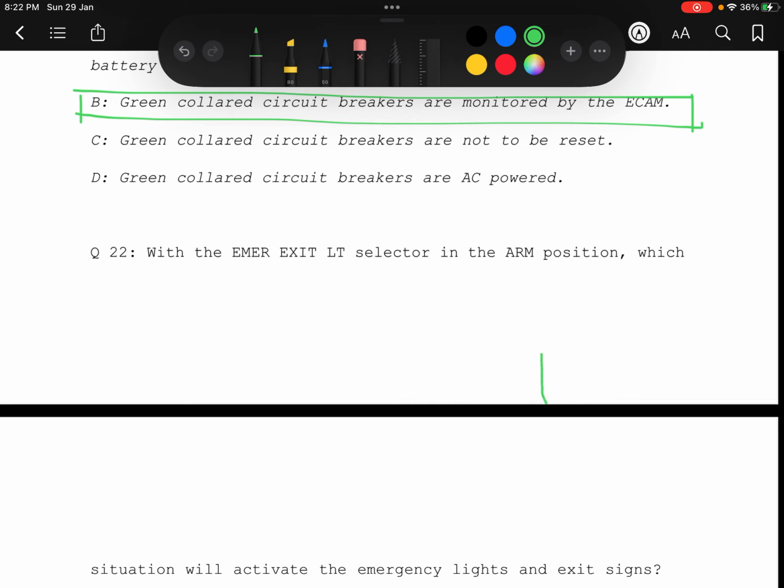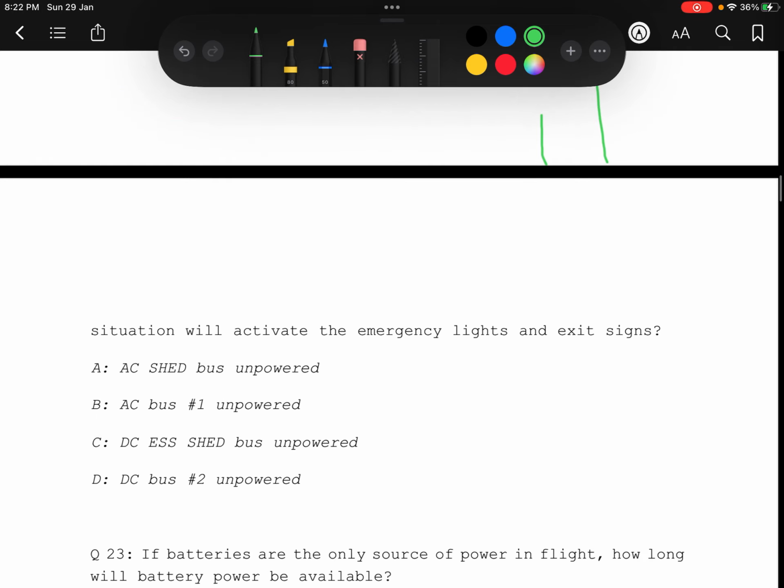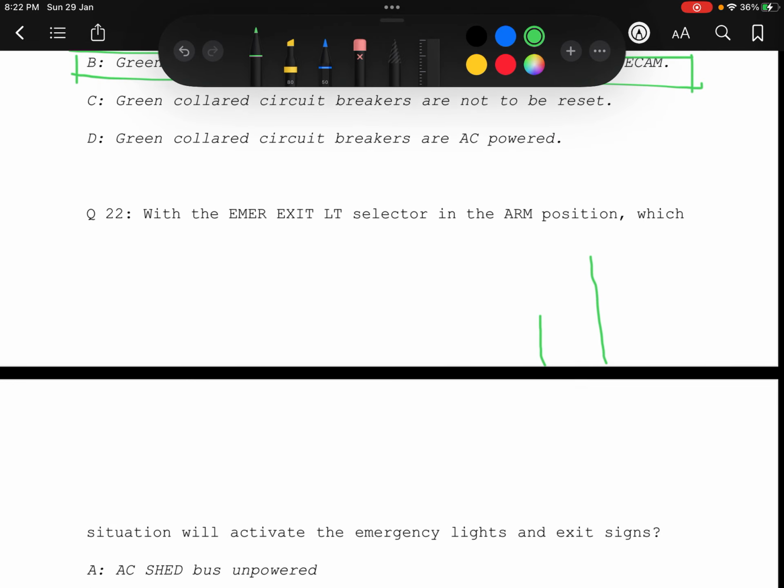With the emergency exit light selector in the ARM position, which situation will activate the emergency light and the exit light? What they are asking is, when the emergency exit light selector is in the ARM position, when will the emergency lights and exit signs illuminate?